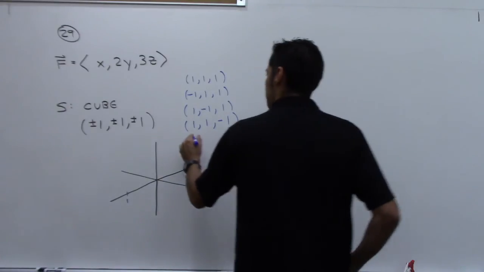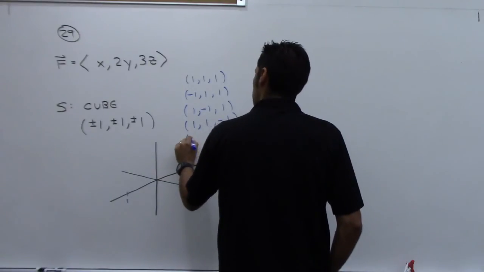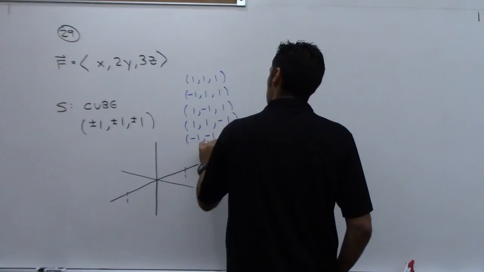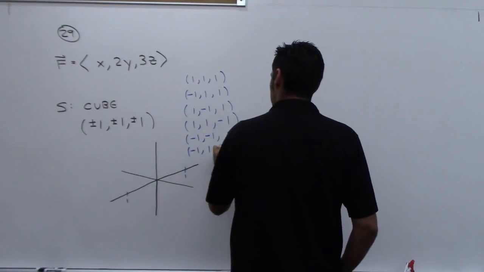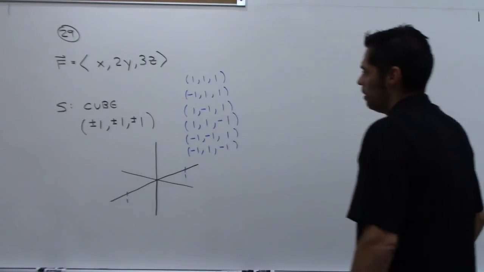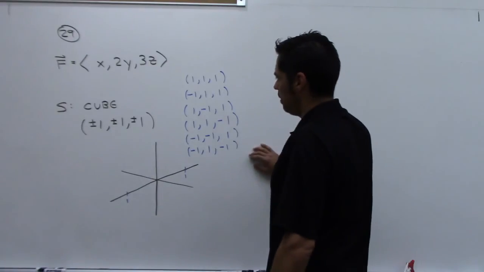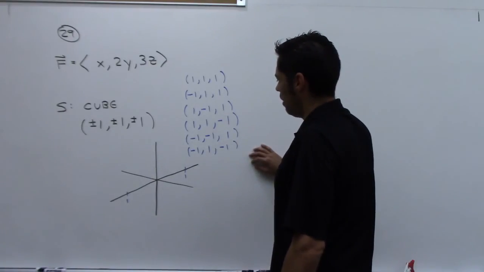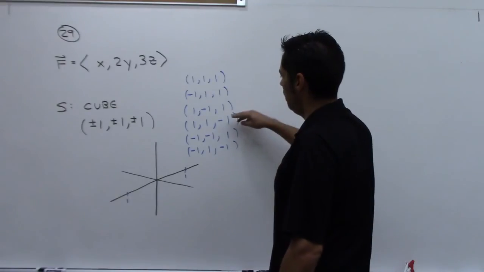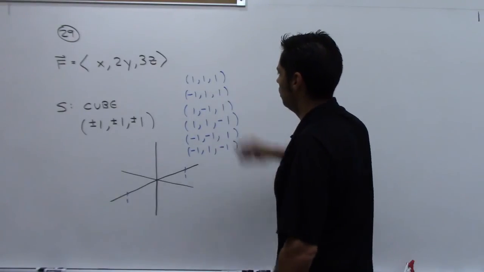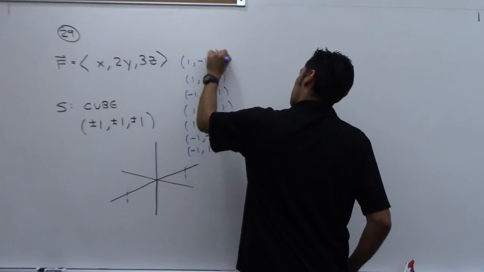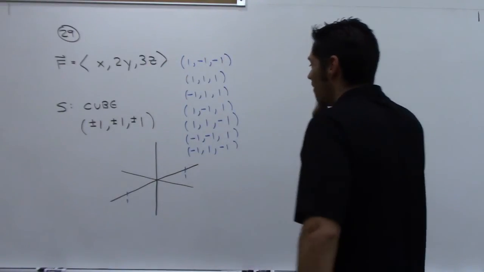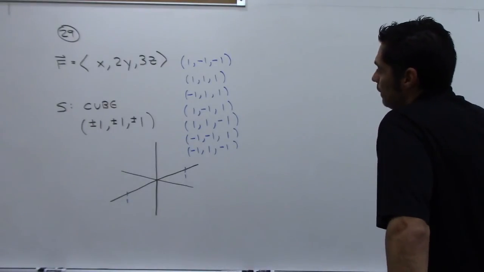We can have negative 1, positive 1, and negative 1, negative 1, negative 1. Oh my goodness. Let's see, 1, 2, 3, 4, 5, 6. See if I've got all these. Negative, negative. No, I could do 1, negative 1, negative 1. And I feel like I'm missing one. I know I am.